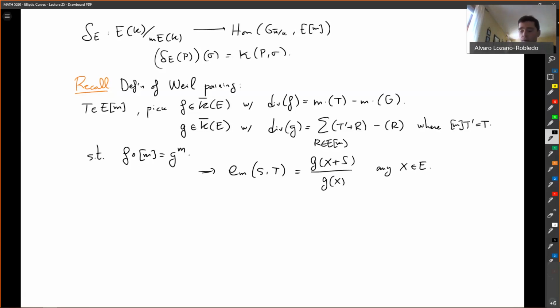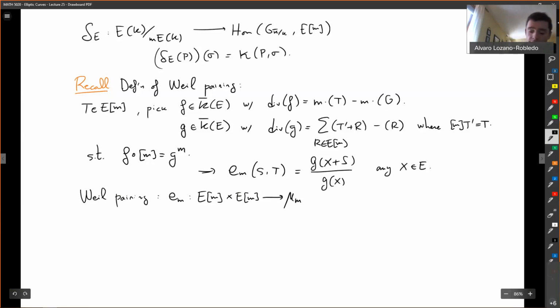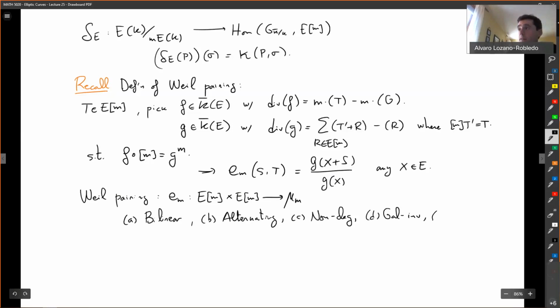And recall that the Weil pairing, from E[m] cross E[m] to mu_m, is bilinear, it is alternating, it is non-degenerate, it is Galois invariant, and it is compatible. Remember what that meant.